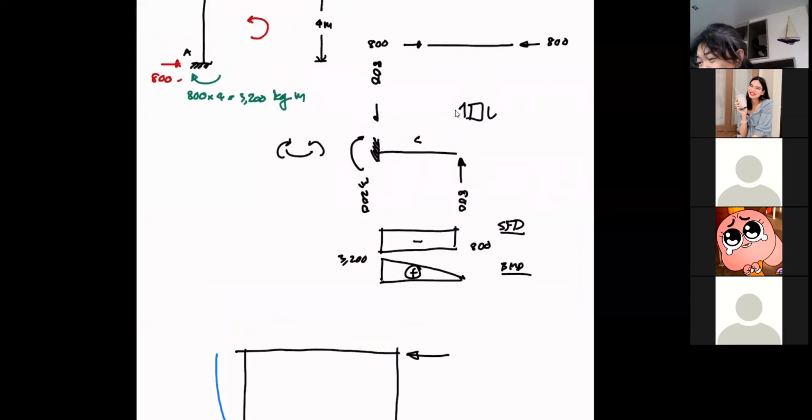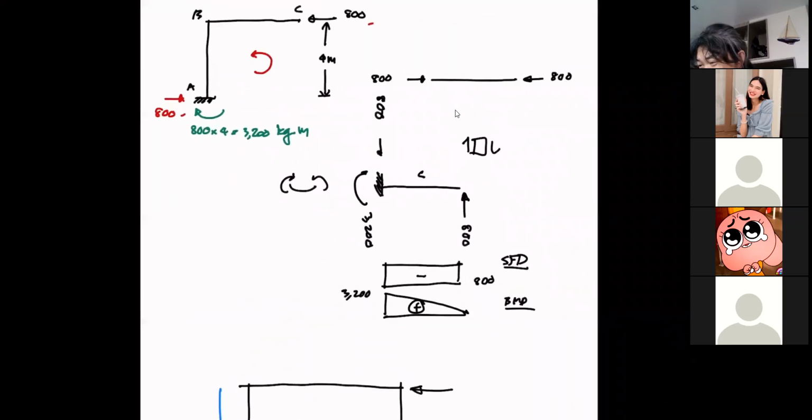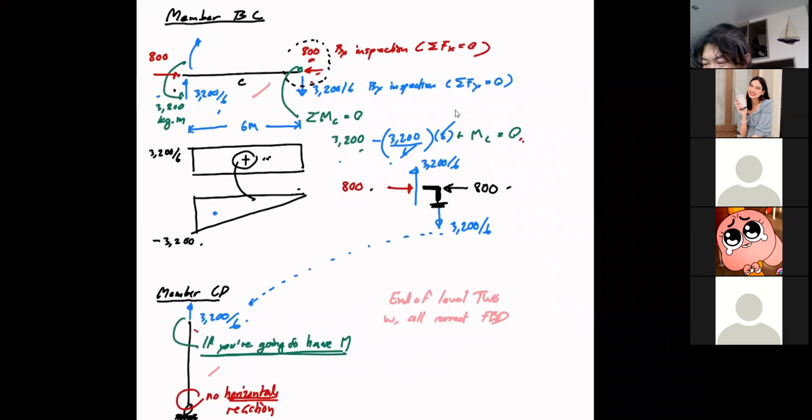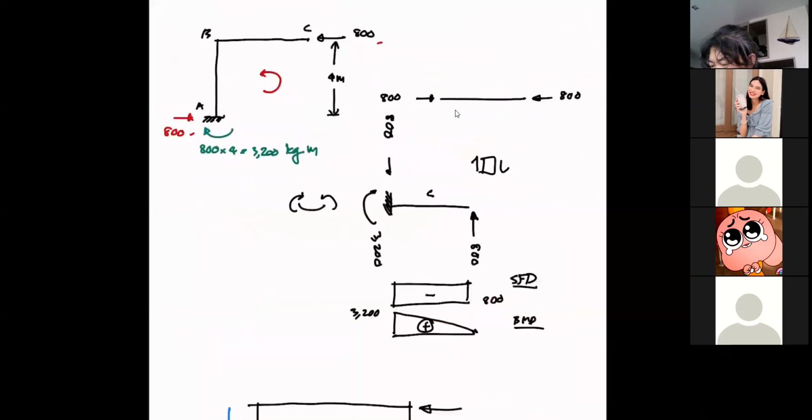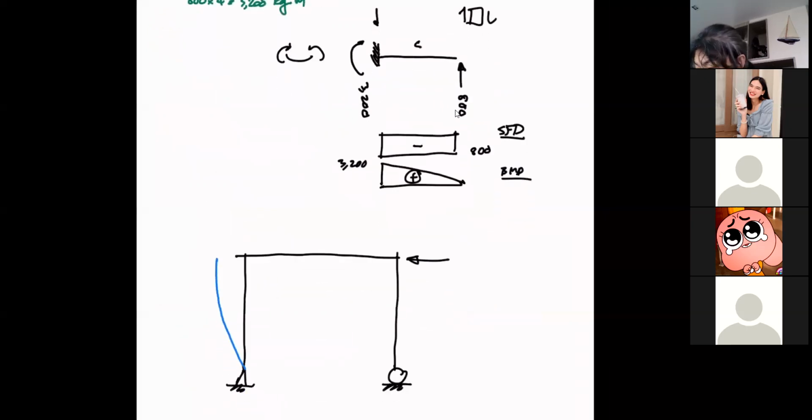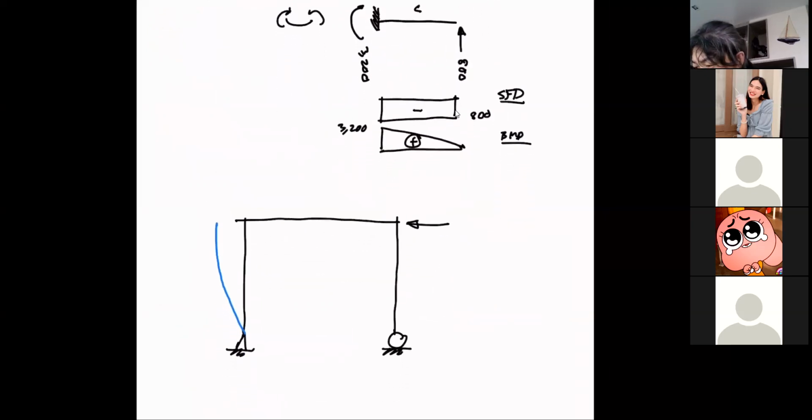So now let's go back to member BC. Now you know you have a bending moment diagram on this side, so compression is underneath again. So you see, from the sign convention, negative moment is like that, right? So we know that because our structure is rigid, if this goes equal to, let's say, delta, this better go delta as well. And it's going to be curved like this, right? Because of negative moment, it is going to deform like that.